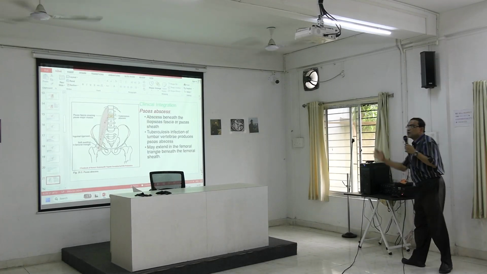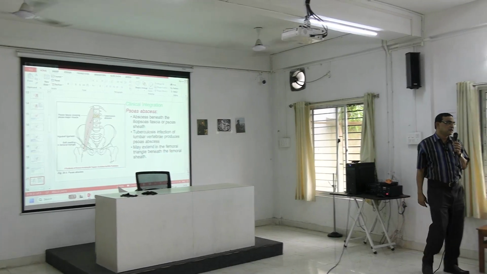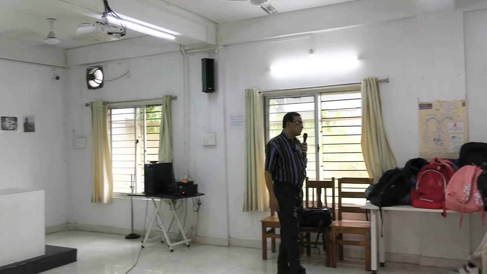So this is one of the clinical aspects of the thoracolumbar fascia, which is, we know there is cold abscess in the TB spine. TB is tubercular infection, the tubercular affection of the vertebral body in the lower thoracic and upper lumbar region. The pus may trickle down to the psoas fascia.